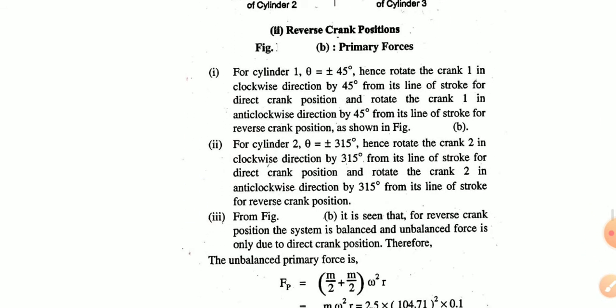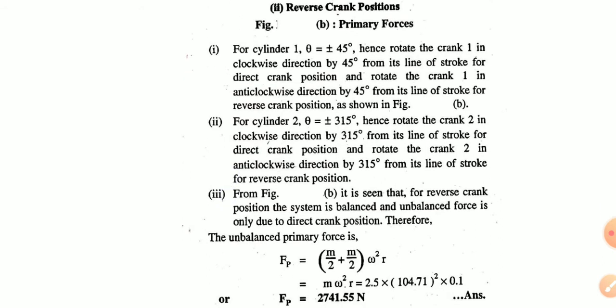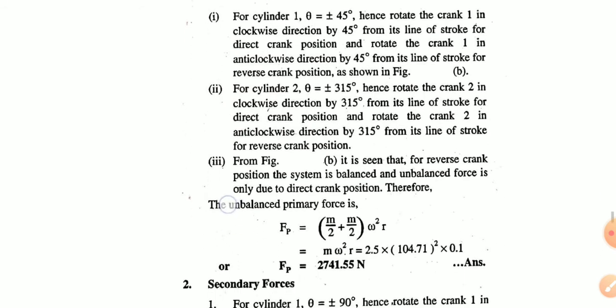Now this is the description for the same. For cylinder 1, theta will be plus or minus 45, and we rotate crank 1 in the clockwise direction from 45 along its line of stroke for the direct crank position, and rotate crank 1 in the anti-clockwise direction for the reverse crank. For cylinder 2 we do the same with angle 315.